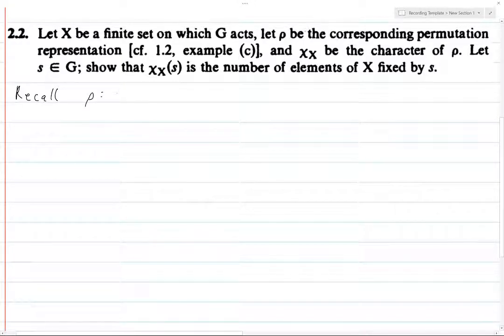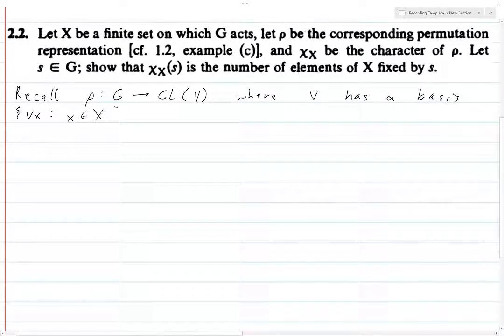Rho is a map from G to GL(V), the general linear group of some vector space V, where V has a basis of elements Vx, where x is an element of big X. And this basis is such that for all g in G and for all x in X, rho g applied to Vx equals V of gx.